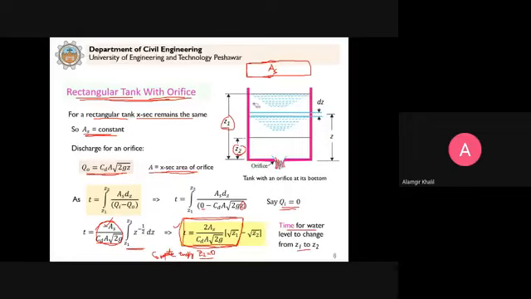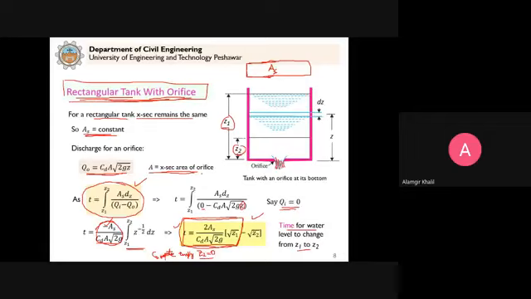Say you have a triangular tank, a spherical tank, whatever shape, or a reservoir you want to drain by a weir, etc. You can calculate the time by simplifying this general equation. This is the general equation that you need to simplify for any case to get the specific formula for that case.